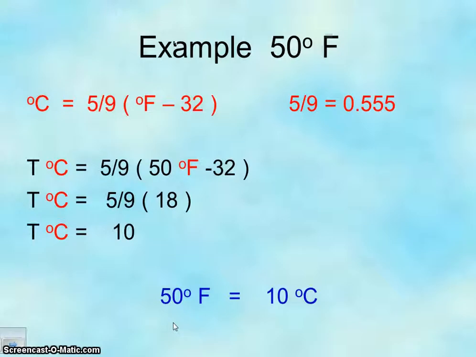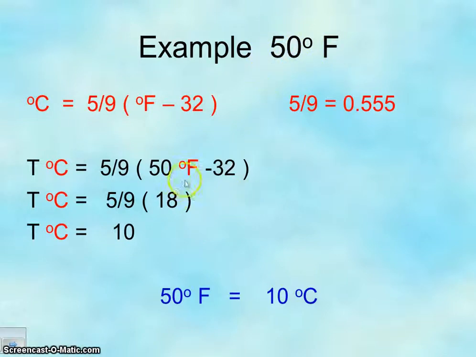We have one coming up here. This isn't the one I was talking about, but I think you'll understand. In this particular case, I have 50 degrees Fahrenheit. What is that going to be on the Celsius scale?